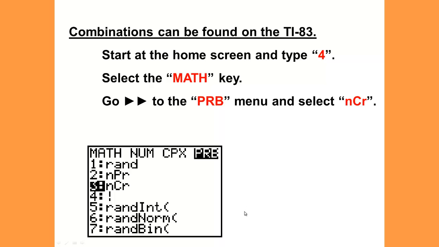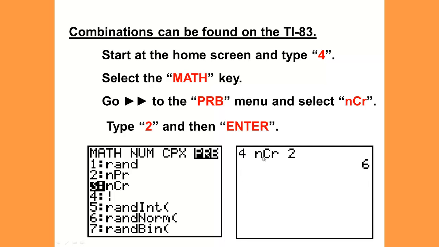Then select the Math key, go over to the word probability or the initials PRB, which stands for probability, and then go down and select nCr. Then type 2, and you should see on your calculator 4 nCr 2. You've typed in 4 for your total, 2 for the number we're selecting out of that, and when you press enter, you should get 6.